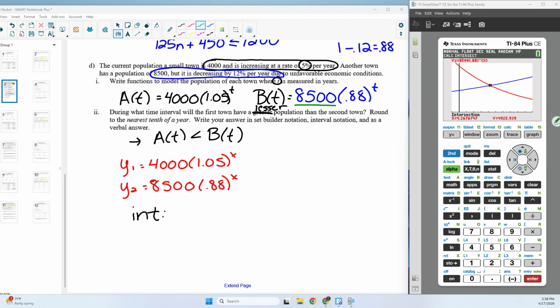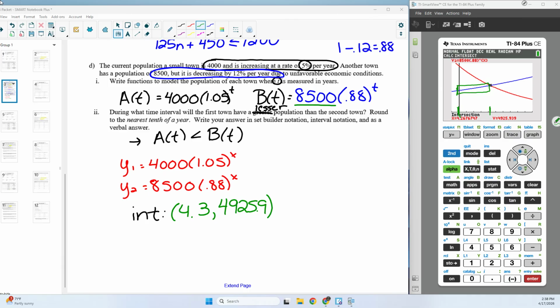So I write down my intersection. This is not my answer, it's just a step towards my answer. I have 4.3, 4,925.9. So the interval we want is from here to here, right? That time interval from here to here.